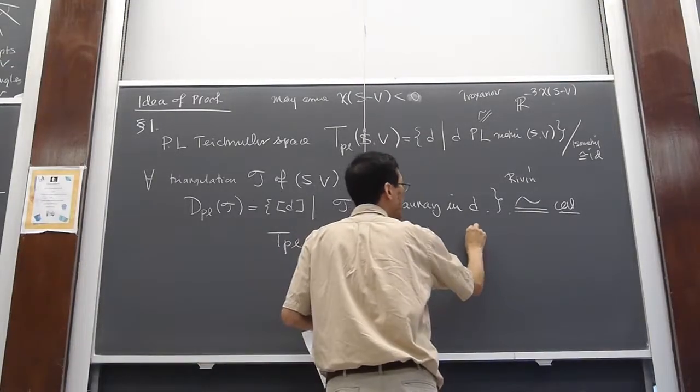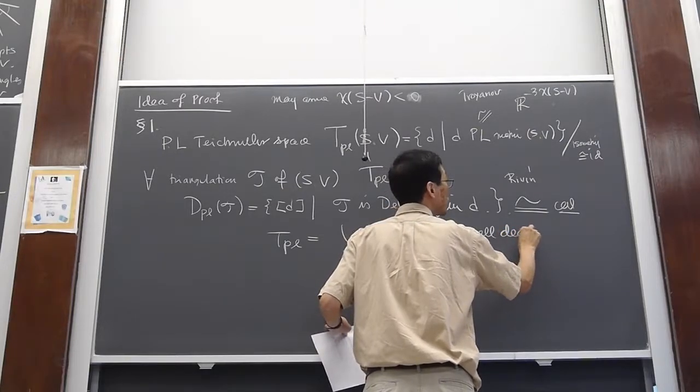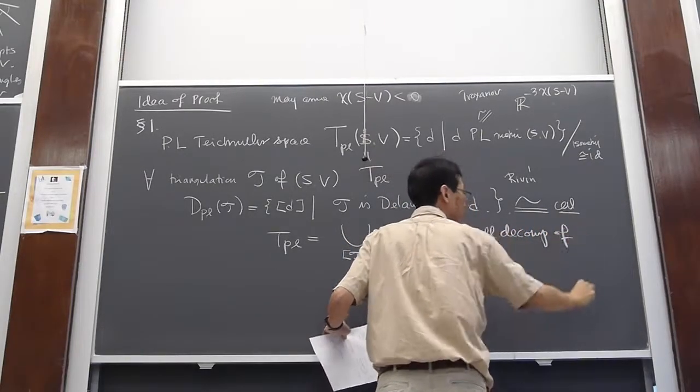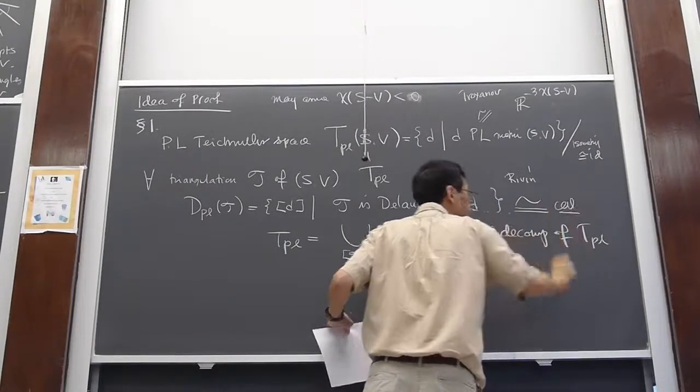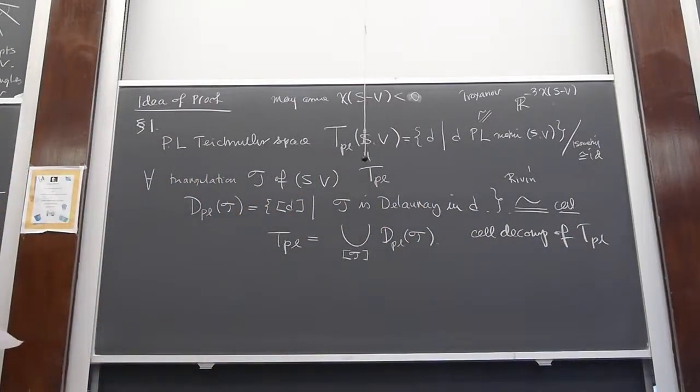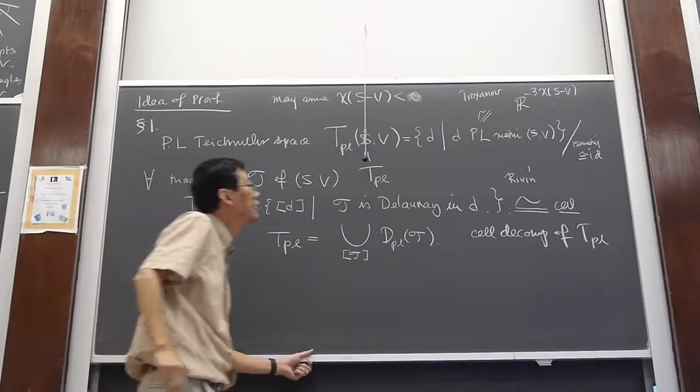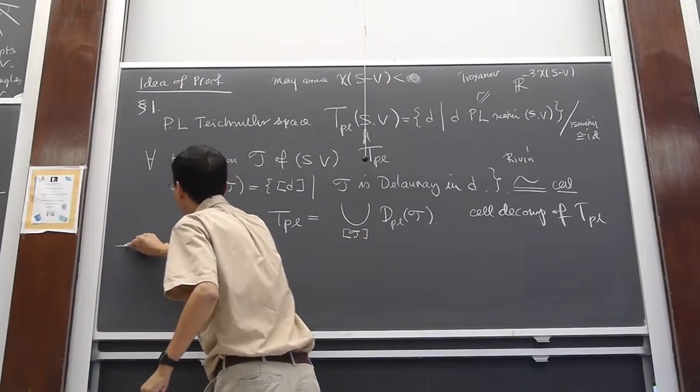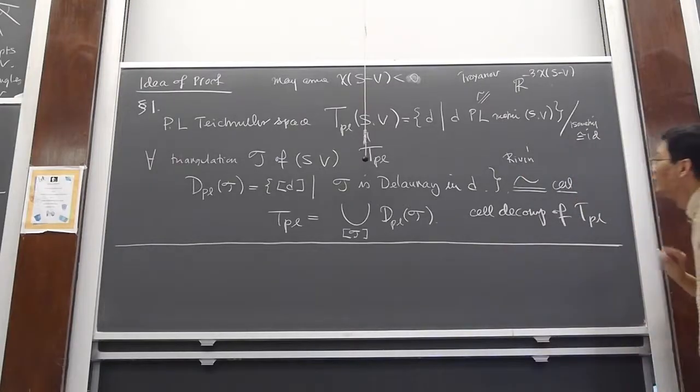So this is a cell decomposition of the Teichmüller space. It has a natural cell decomposition which is invariant under the action of the mapping class group.